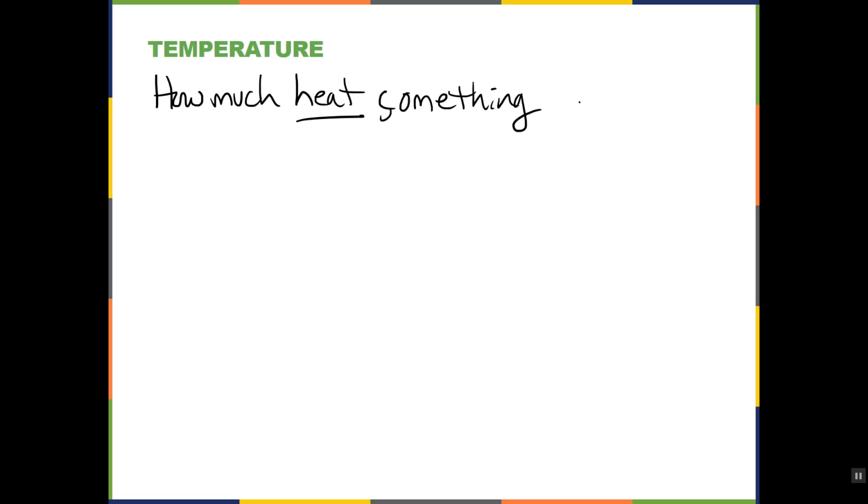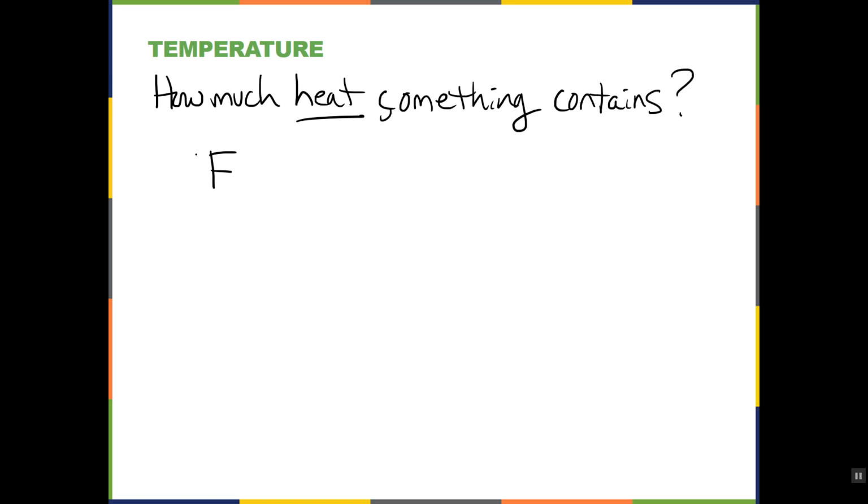And you'll learn that heat's often pretty much just a reflection of how much energy something contains. So in class, we'll look at temperature both from a perspective of energy and also from a perspective of how much heat something contains.